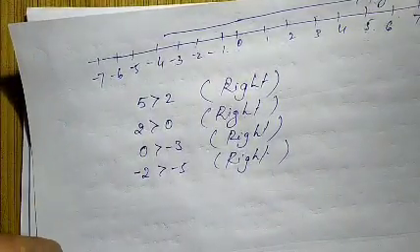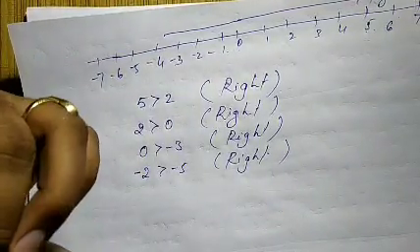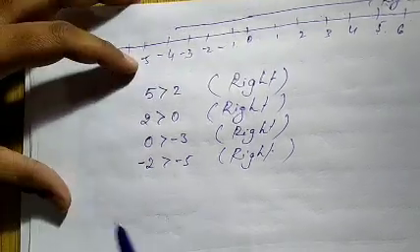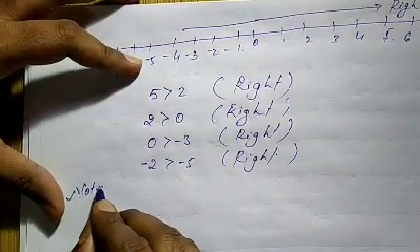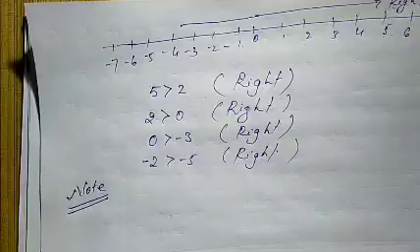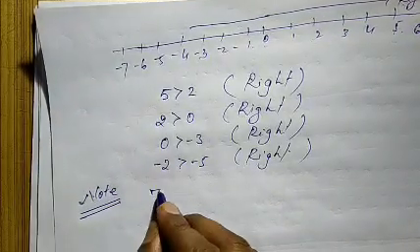What do we observe from the number line? Just note what we observe.